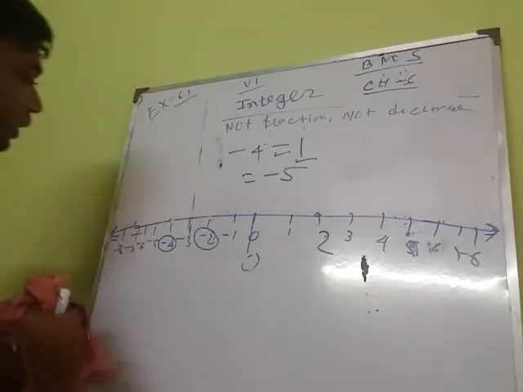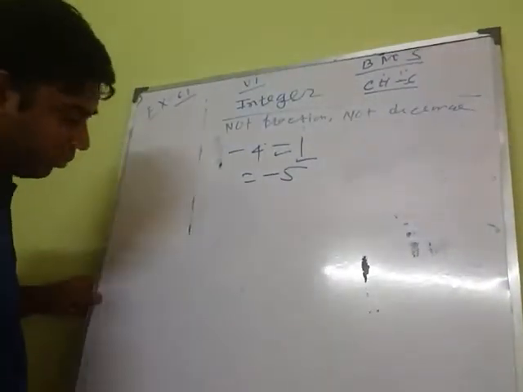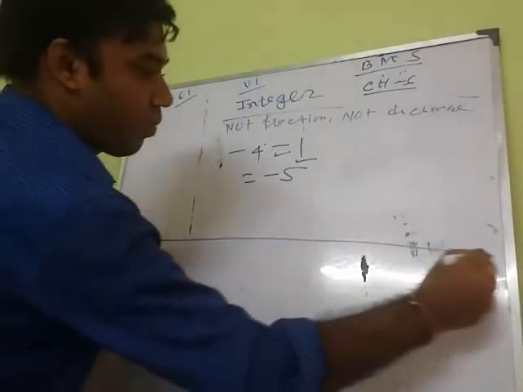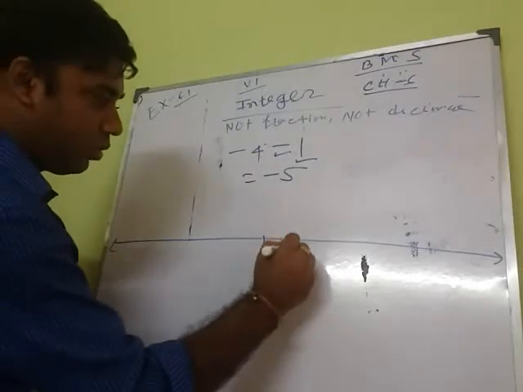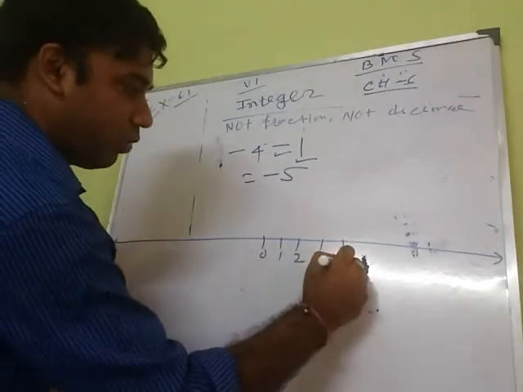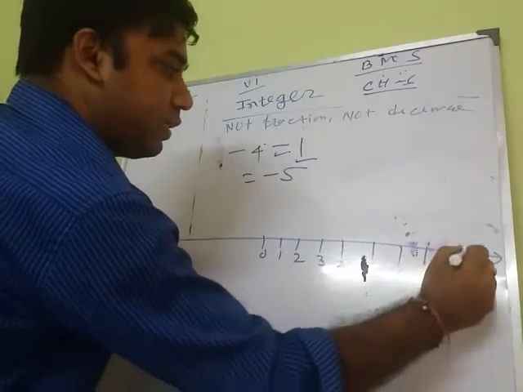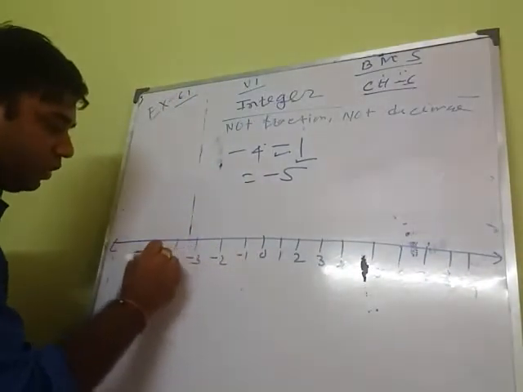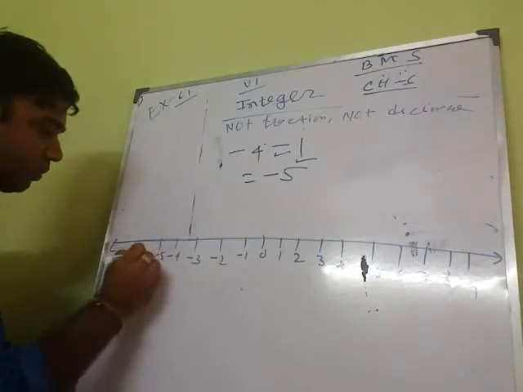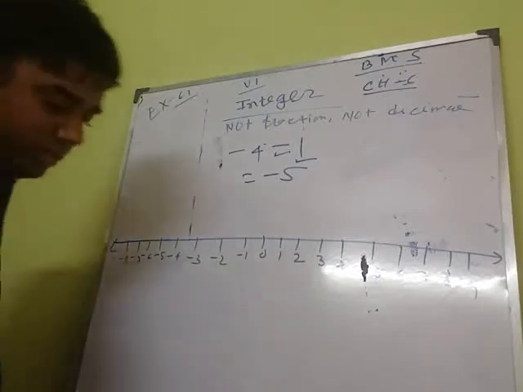Okay, I am writing the number line again: 1, 2, 3, 4, 5, 6, 7, 8, 9, minus 1, minus 2, minus 3, minus 4, minus 5, minus 6, minus 7, minus 8.